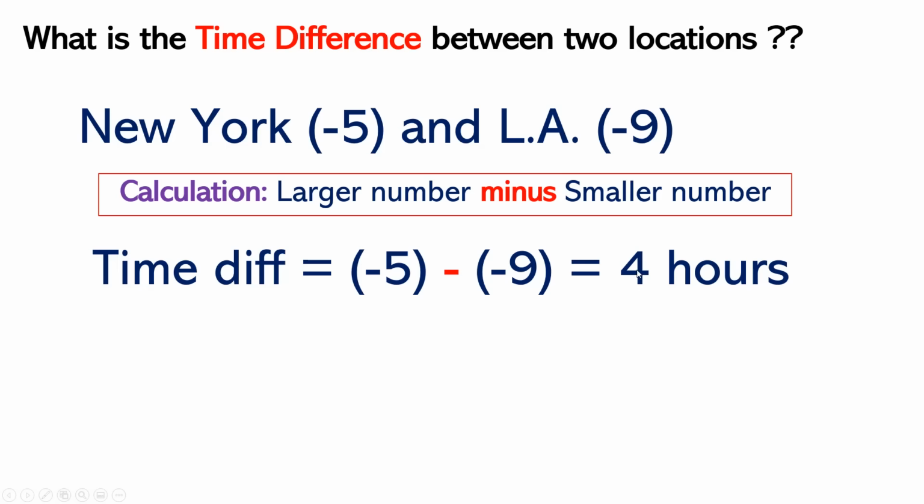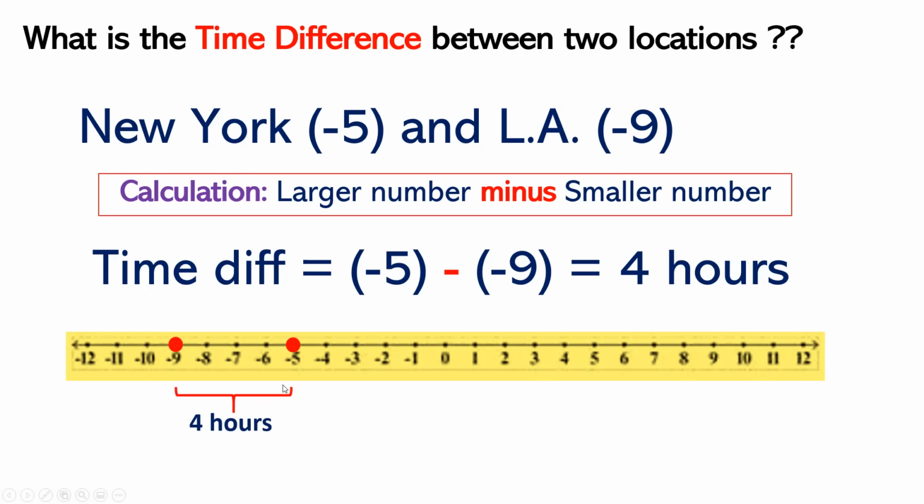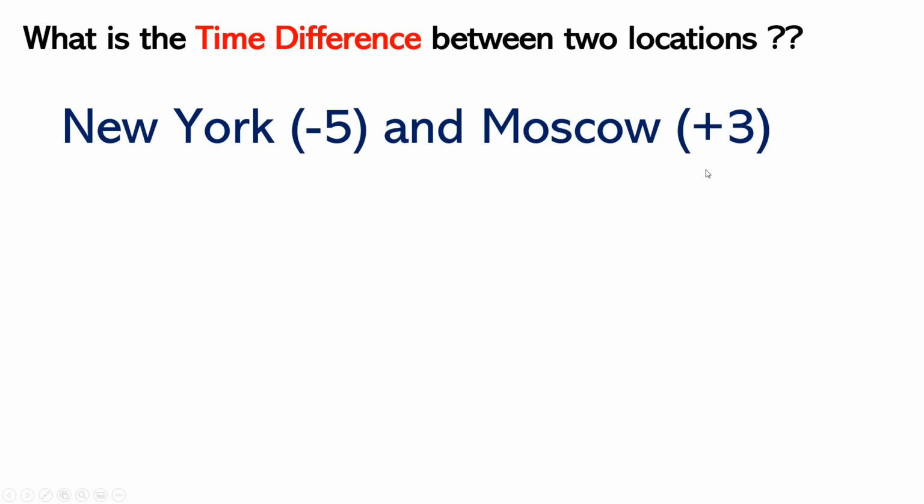It gives us a 4-hour time difference. Or if we use the timeline, we can see that there's a 4-hour difference between -9 and -5. I hope from observation as well you can look at these two and, using some common sense, even think, okay, there's a 4-hour time zone difference between these two locations.